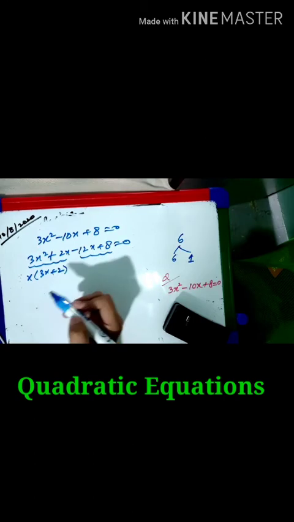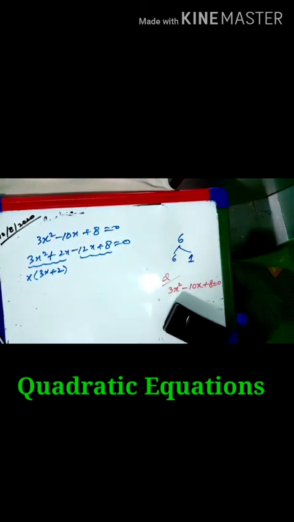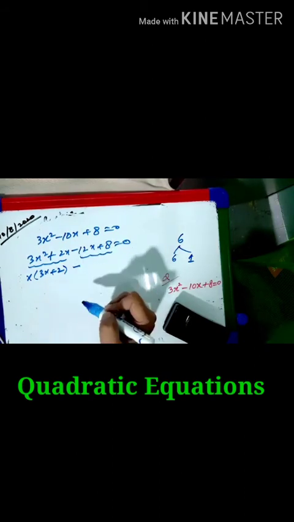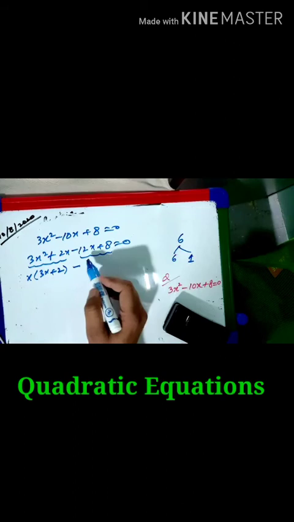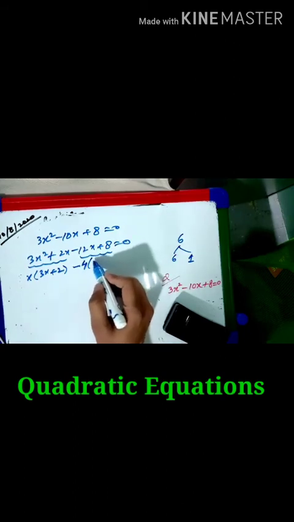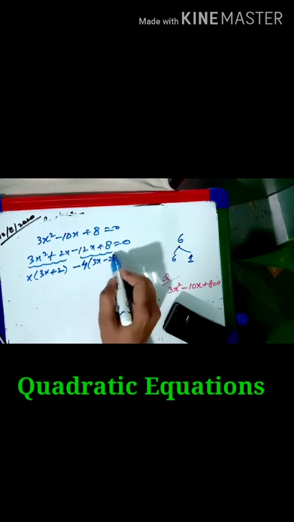Got it? And from here, what is common from these two? Maximum 4 is common. So I get here 3x minus 2.